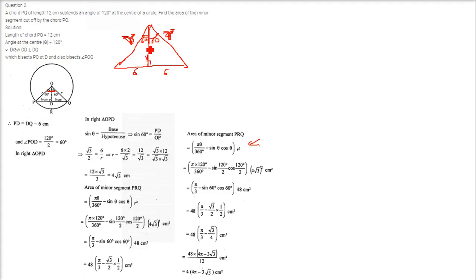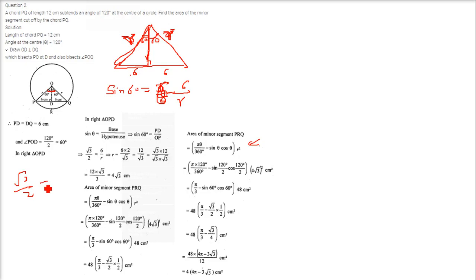This will be 6. Now, in order to find the radius, if this is the triangle, what can we do? See, because this is the perpendicular and this is the hypotenuse, I'll use sine 60, which is going to be 6 by r. Perpendicular upon hypotenuse, so it will be 6 by hypotenuse r.